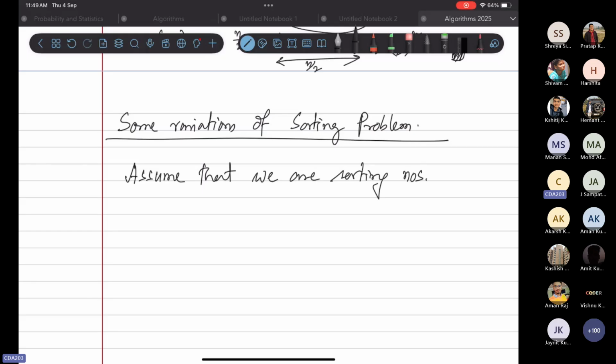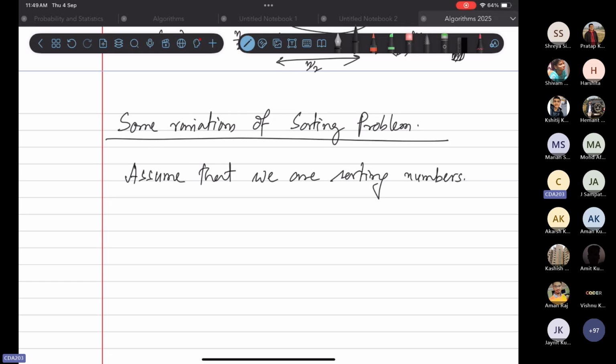Earlier, I said we were sorting some objects from some well-ordered set. Now, what we have seen, using merge sort, I can do it in n log n time.